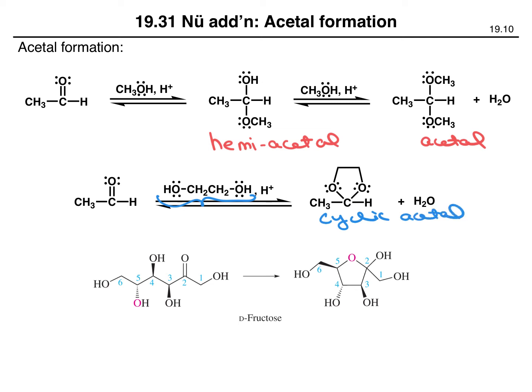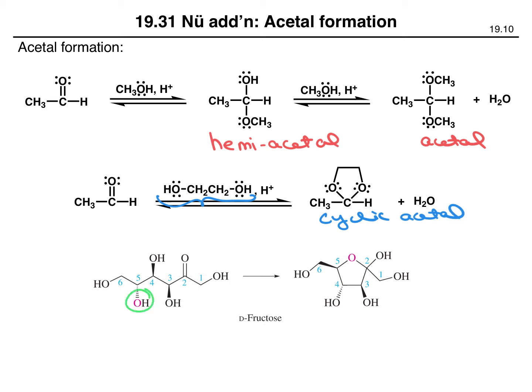And then finally, we have a biological example. Many sugars are going to exist both in the linear form and in a cyclic form. And in the cyclic form, we typically have hemiacetals, right? With a hemiacetal, we have a carbon that is connected to an OH and an OR. So carbon 2 is what used to be the ketone, and here it exists as the hemiacetal.